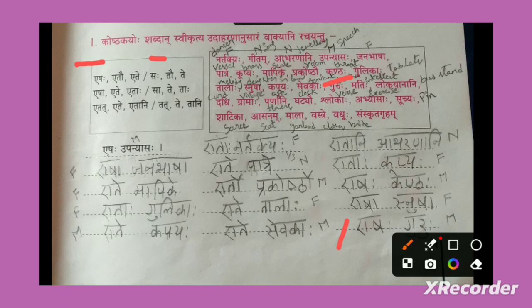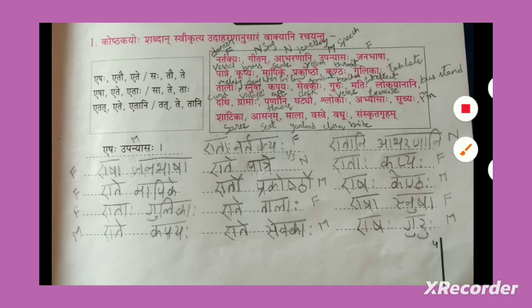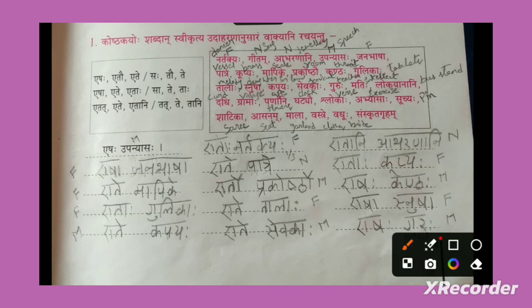Now, as per these examples which I have shown you, you need to search for each and every shabda. What are the shabdas? Everything is here, right? Nartakyaha, Geetam, Abharanani, Upanyasaha, Janabhasha. Each and every shabda you need to search and fill this exercise.